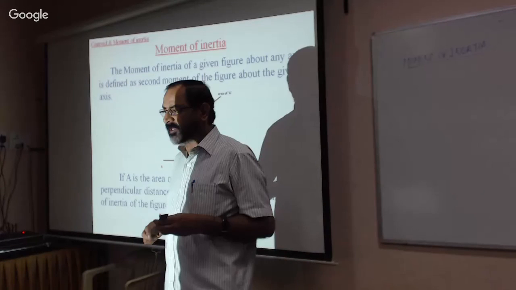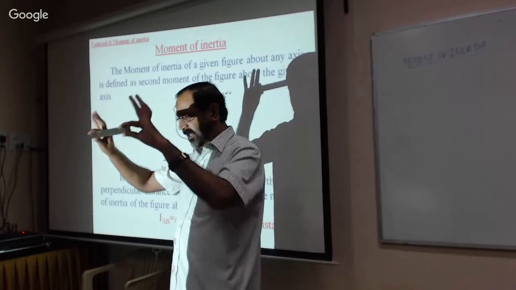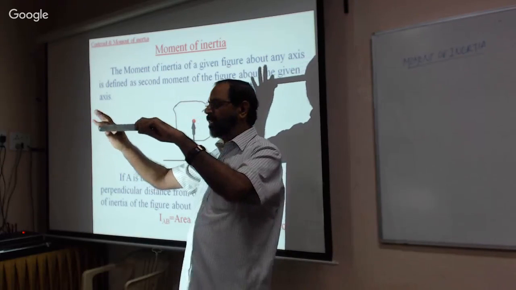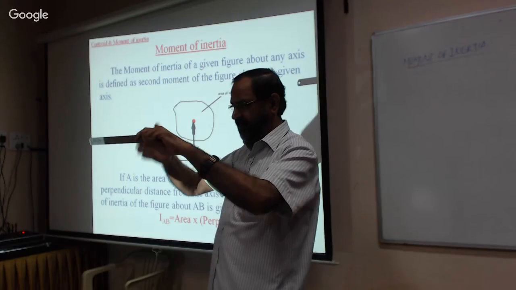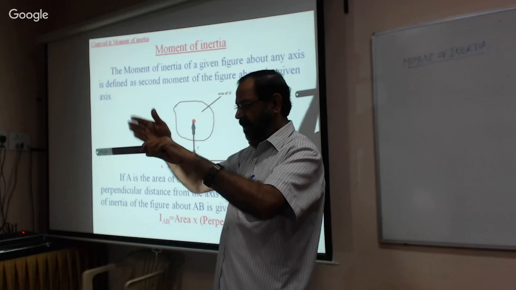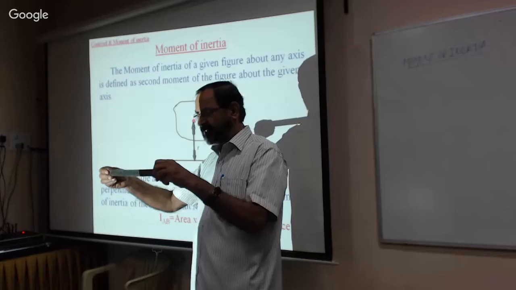Therefore, we need to understand one thing here. This column is made out of a number of sections. Isn't it? There are a number of sections, rectangular sections 1, 2, 3, 4.